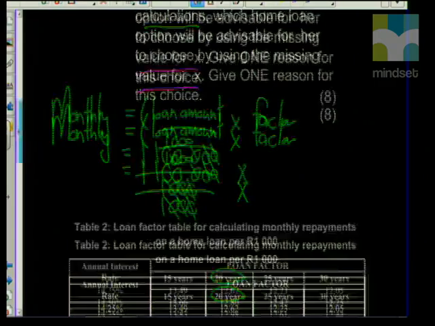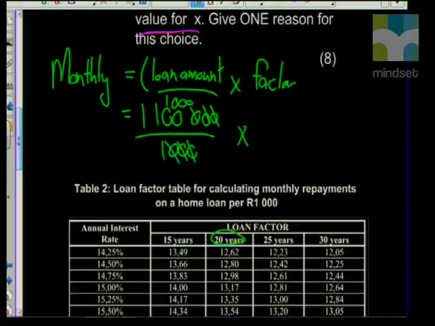That's going to give us that, multiplied by the factor, which we've got from the table, which is 13,91. This will give us our monthly repayment. Let's just use the calculator to do that.